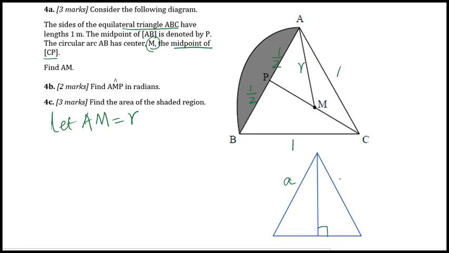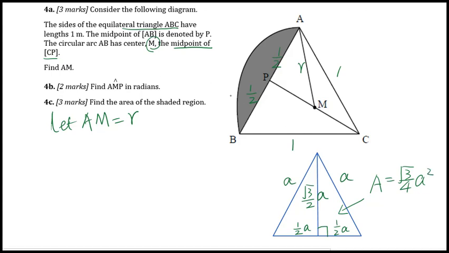If a is the side length of an equilateral triangle, the height will be square root of 3 over 2 a. The height is also the midpoint, so we have 1/2 a, 1/2 a. And the area of this equilateral triangle will be square root of 3 over 4 a squared.